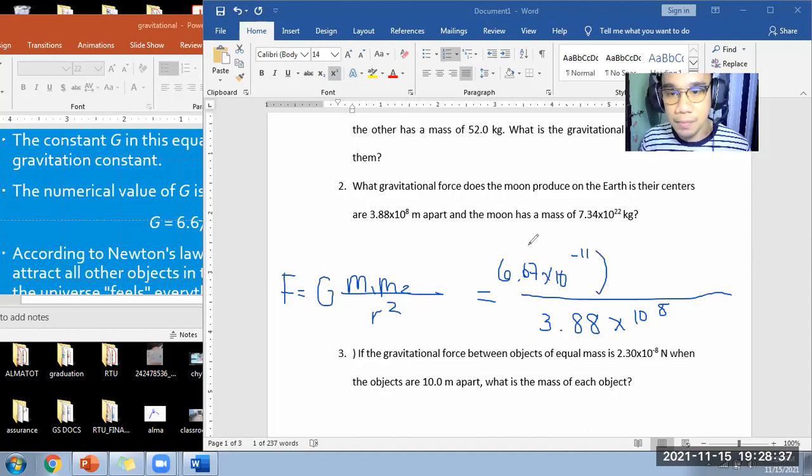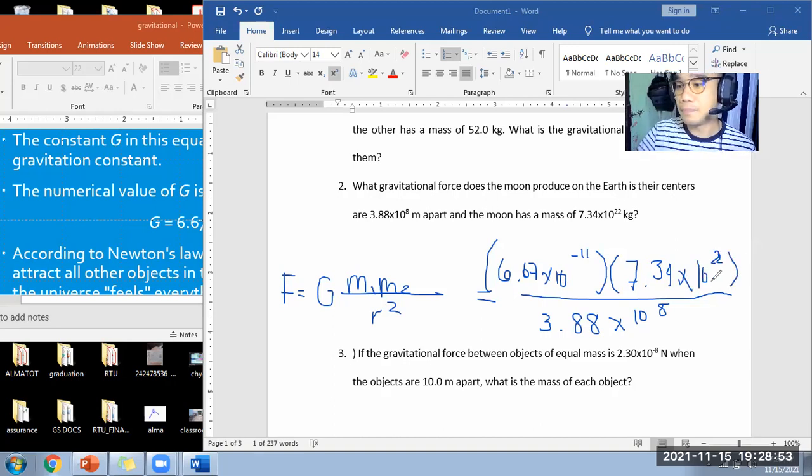Tapos moon daw, may mass yung moon natin na 7.34 times 10 to the 22. Ano ba yung kulang? Yung squared po nung nasa baba, meters.